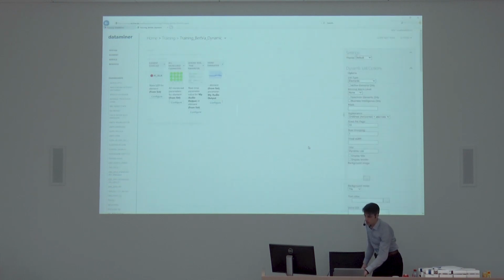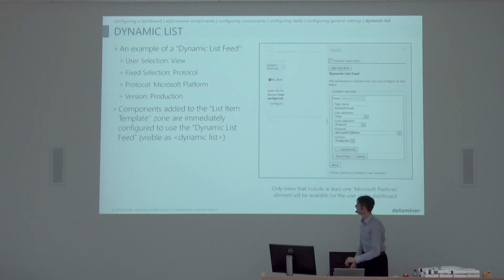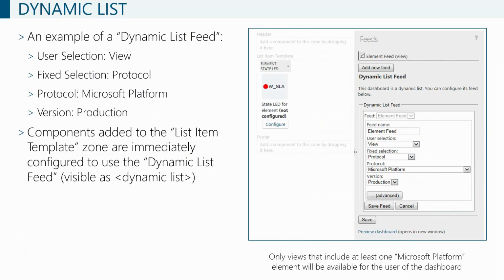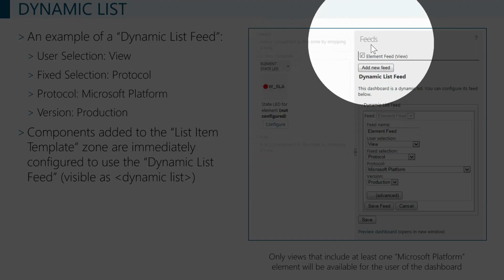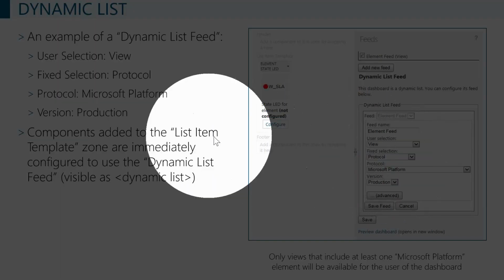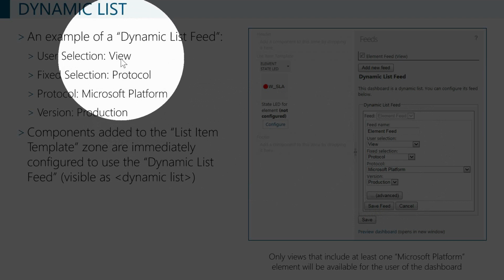I'll immediately come back to what I did in the very last steps in my slides. So what did I do? I created a dynamic list. I added one item on there, and I went to the feeds to define that view feeds. It's in the slide here. What I defined: a view feed, fixed selection, the user selection view.